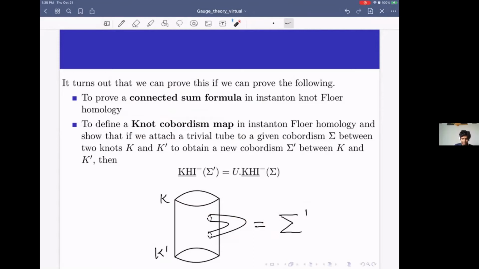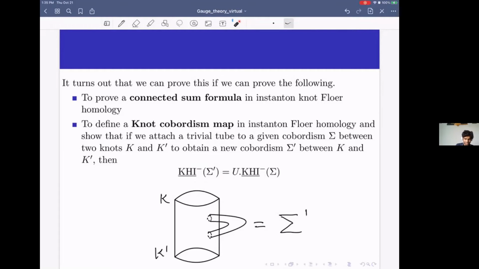And the associated map for the minus version for this new surface sigma prime is U times the cobordism map for the previous surface. So every time we attach a trivial tube, the cobordism map changes by U multiplication.